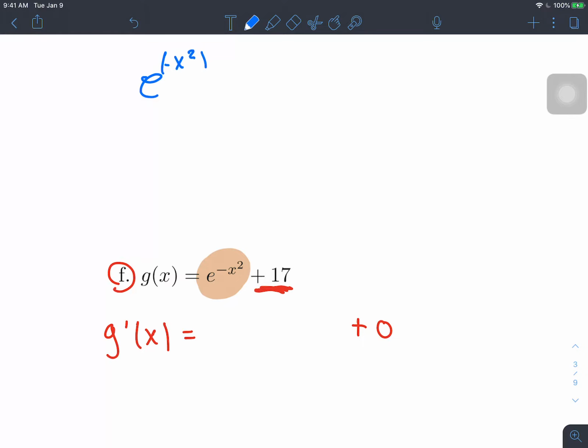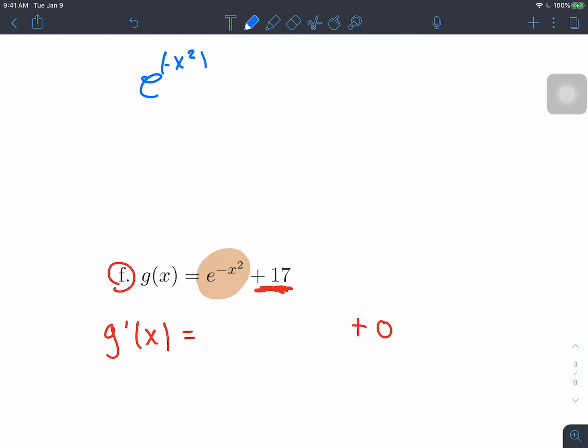So anytime that we see a power looking kind of funky like this, that's a cue that we might want to use the chain rule, okay? Because if our power is itself a function, then that's our cue that that's a composition.